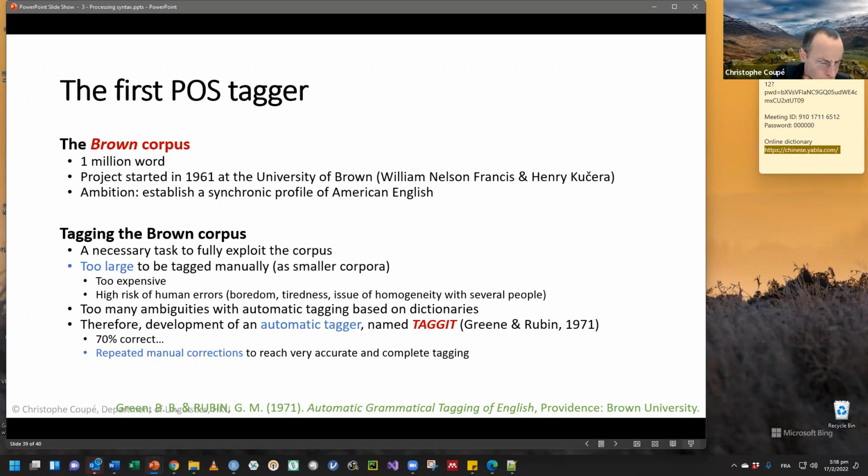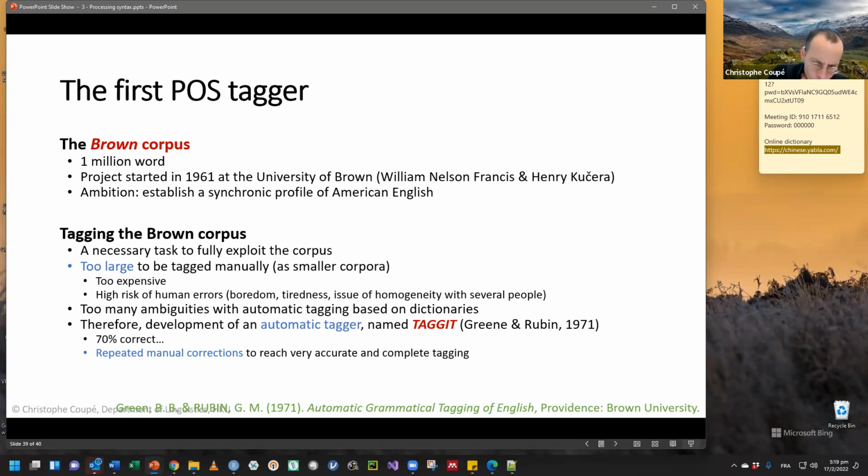It was too time consuming to tag everything manually. Plus, when they would tag, they would feel bored, they would get tired. If different people worked, maybe they would do it slightly differently, so it would not be very homogeneous. So you had quite a high risk of human errors because of the volume of the task. And if you did automatic tagging at that time only based on dictionaries, there were too many ambiguities.